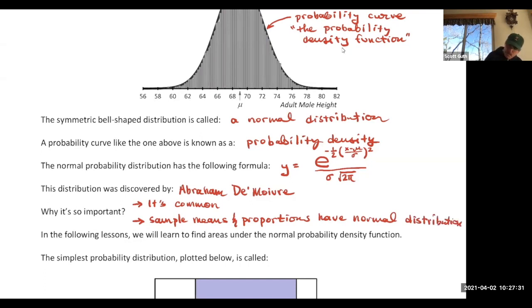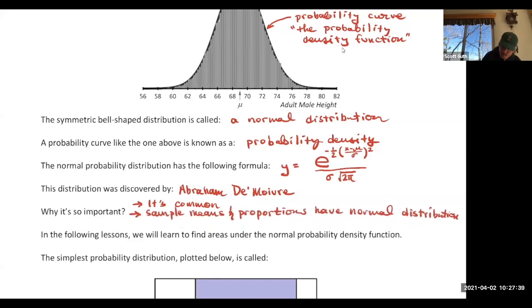Running out of space. So they have normal distributions under certain conditions is what I wanted to squeeze here. And the condition is you just have to pump up the sample size big enough. We'll talk more about that.